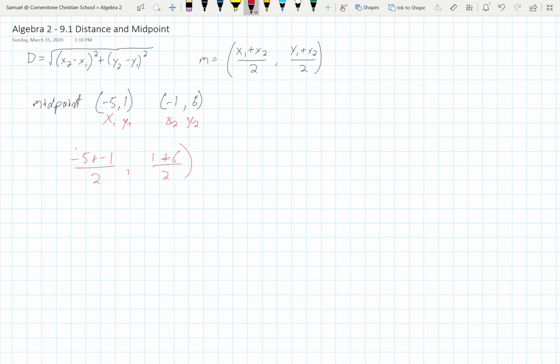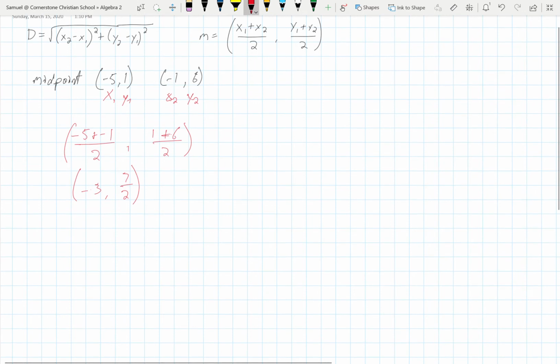For some reason the pen is acting up. -5 plus -1 is -6, divided by 2 would be -3. 1 plus 6 is 7, 7 divided by 2 is 7/2. And so again, our result is a point. If we were to graph all these, they would go along a straight line, and (-3, 7/2) would be at the middle. It'd be the midpoint.